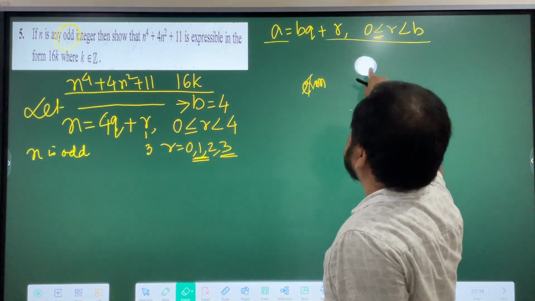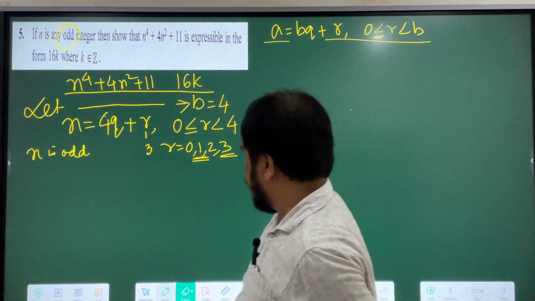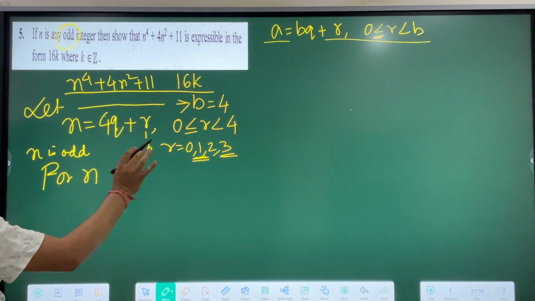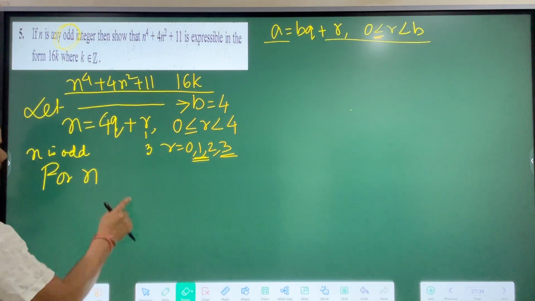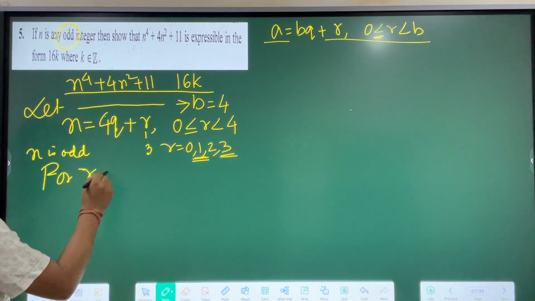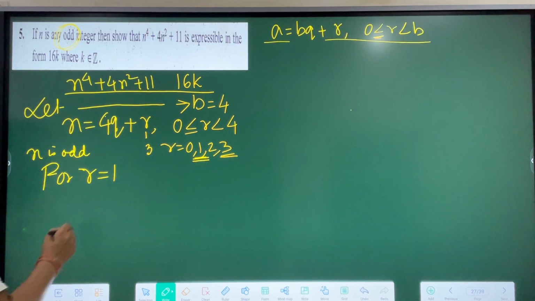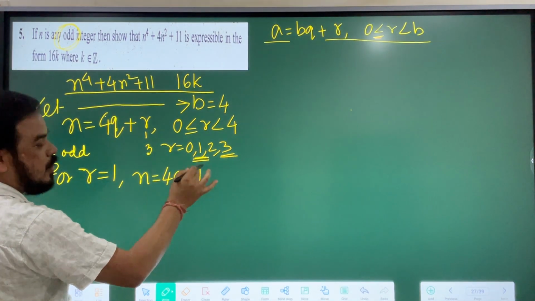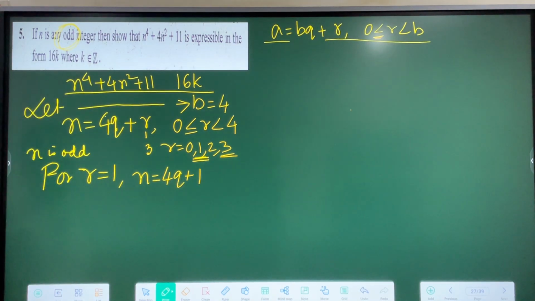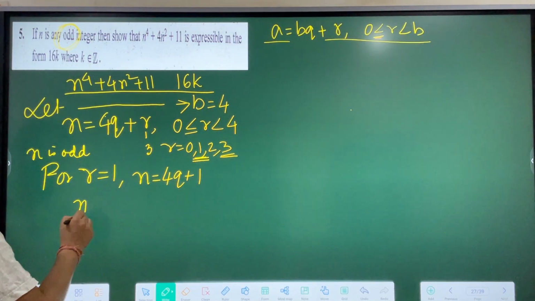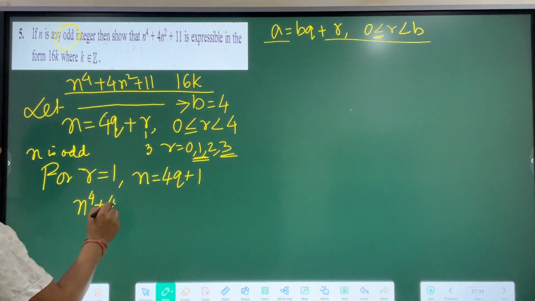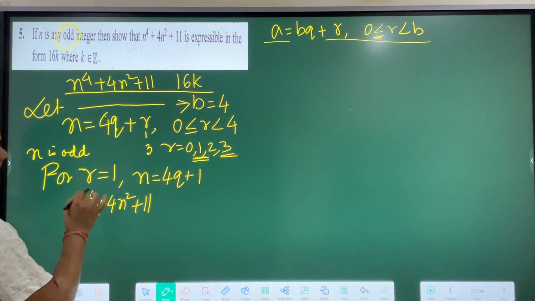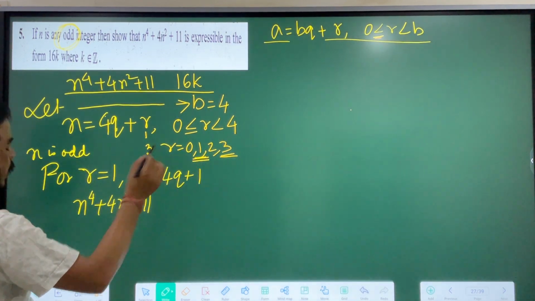Because clearly in the question it is written n is an odd number. So r equals 0, we are not going to write. We will write directly r equals 1. Then n equals 4q plus 1, which is odd. Now n to the power 4 plus 4n square plus 11. In this term, n will be 4q plus 1.